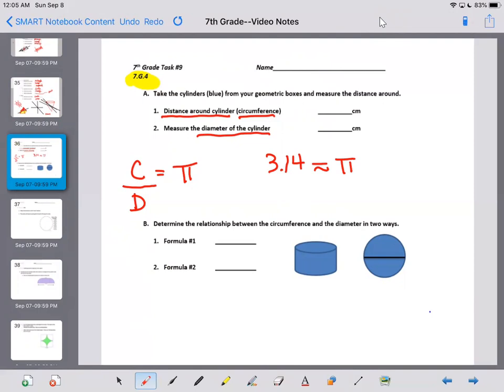Formula 1 would be the circumference is equal to pi multiplied by the diameter. And formula 2 is replacing the diameter with twice the radius, because you've got a radius here, and you've got a radius here. So r plus r gives you the 2r, which is equivalent to the diameter.